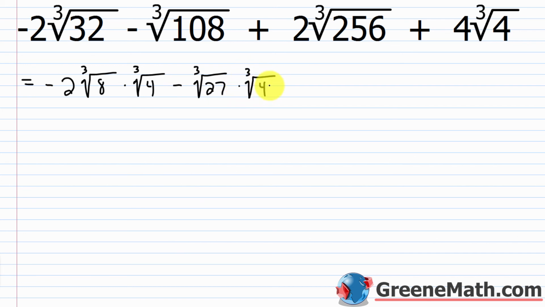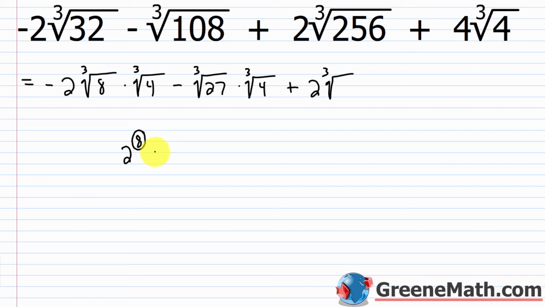root of 4. Then plus, we'll have 2 times the cube root of, for 256, we don't really need to factor it. At this point, you should know it's 2 to the 8th power. So if you're thinking about a perfect cube, you want an exponent that would be divisible by 3, okay? So 8 wouldn't be, so you start going down. 7 wouldn't be, 6 would be.